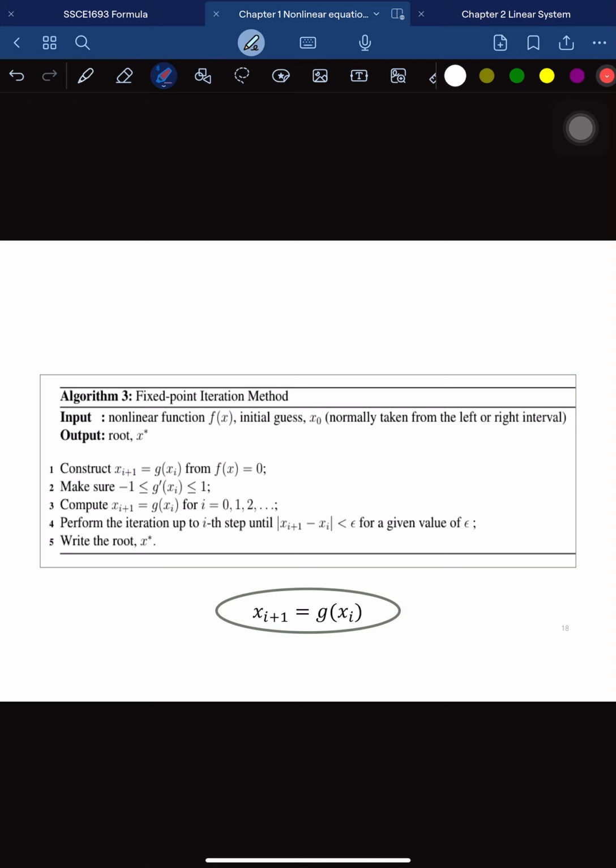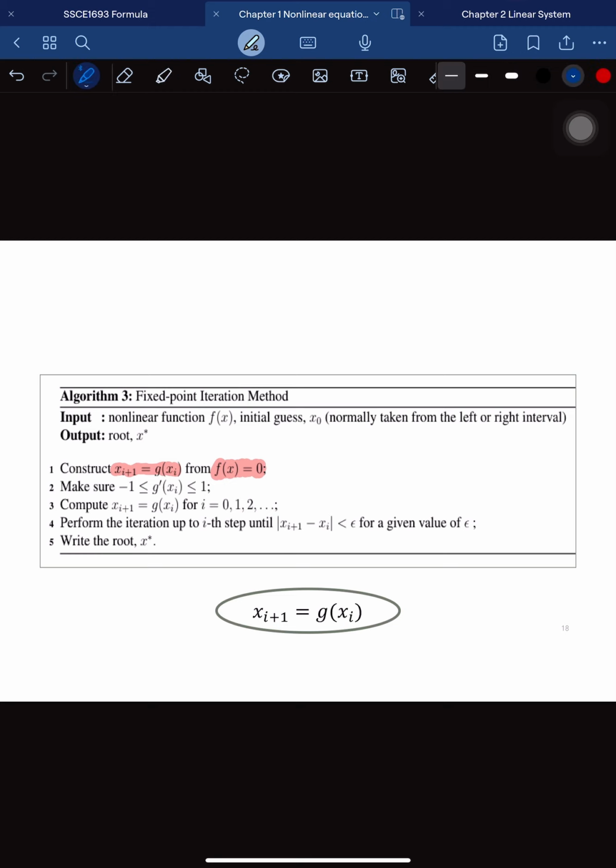So at first, you have to put f(x) equal to 0, and then you need to find x. The x that you find will be equal to g(x).